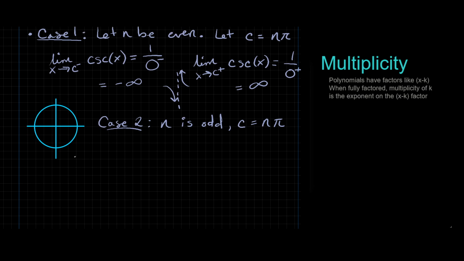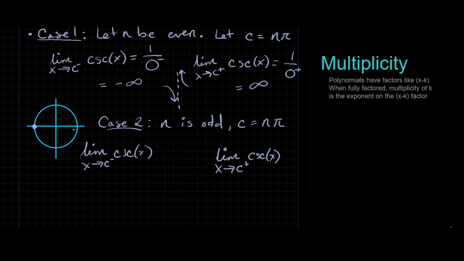We're interested in the limit as x goes to c from the left of cosecant, and the limit as x goes to c from the right of cosecant. Okay, and when n is odd, we're talking about an odd number of pi's. 1 pi is half of a circle. Right, so 1 pi lives here.